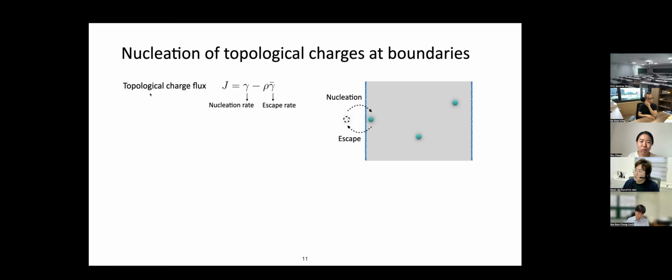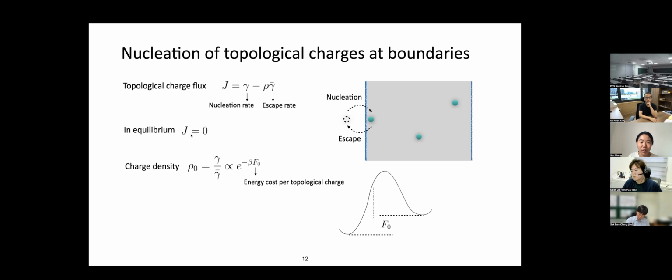So the total charge flux at the boundary into the material is J, which is equal to gamma minus the density of topological charges times the escape rate. And in equilibrium, there shouldn't be any flux. So the total flux is 0. And we get an equilibrium charge density, which is equal to the nucleation rate divided by the escape rate.